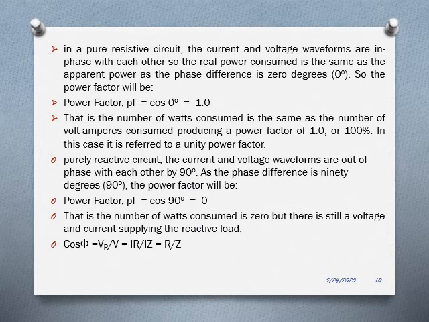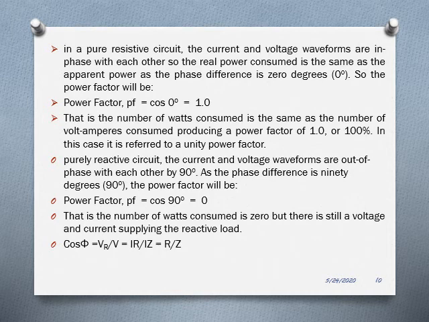In a pure resistive circuit, the current and voltage waveforms are in phase. So the real power consumed is same as the apparent power, as there is no phase difference. So the power factor will be cos 0, which is 1.